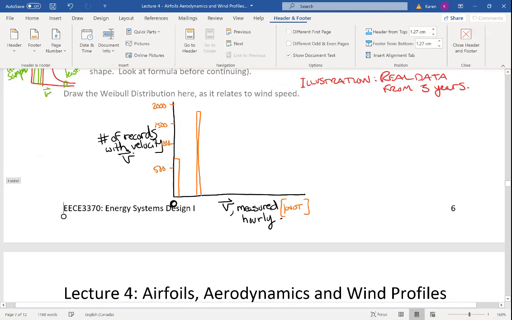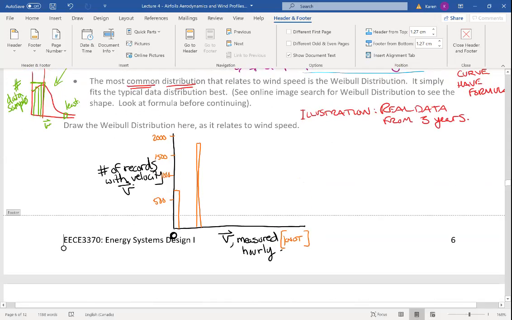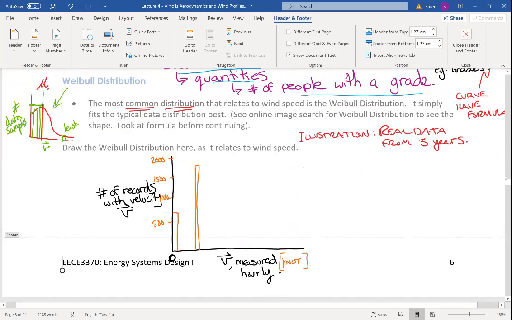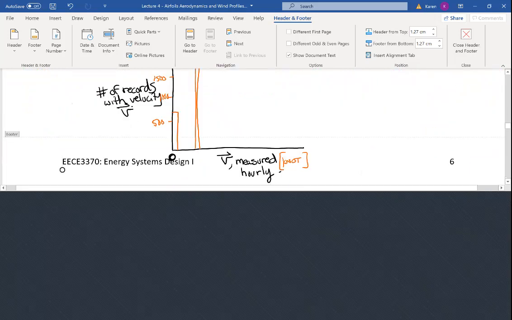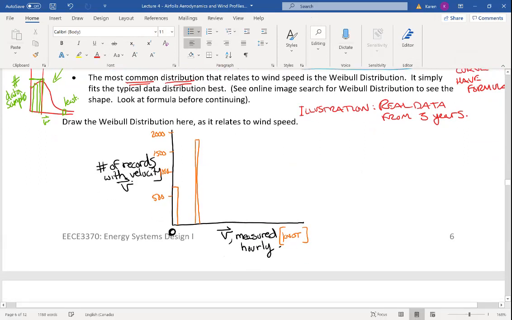You probably want to know the relationship between knots and meters per second. Sorry about that, I got into the margin of my document.